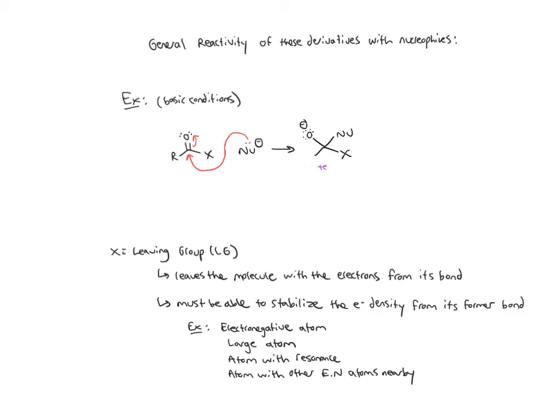So this is our tetrahedral intermediate. And then what's going to be new with this one, so we had that nucleophilic attack just like before. Instead of protonating this tetrahedral intermediate and just having that be our product, what's going to happen because of that heteroatom is that this tetrahedral intermediate is actually going to collapse.